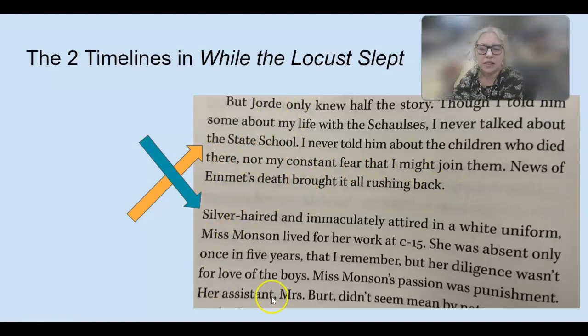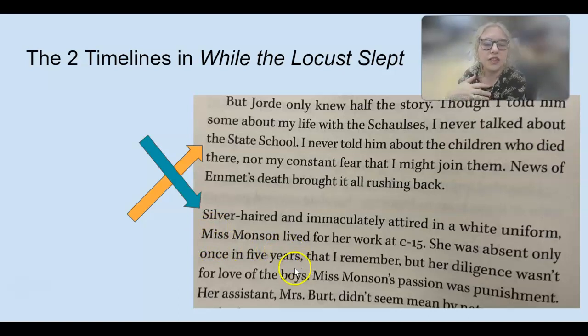So this is the memory. There's not really much transition. There's just news of Emmett's death brought it all rushing back. And then we jump right into what he remembers. This is the past timeline when he is a little kid at the state school at Owatonna, and Miss Monson is making his life terrible.